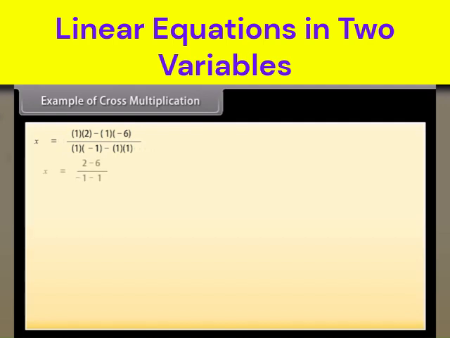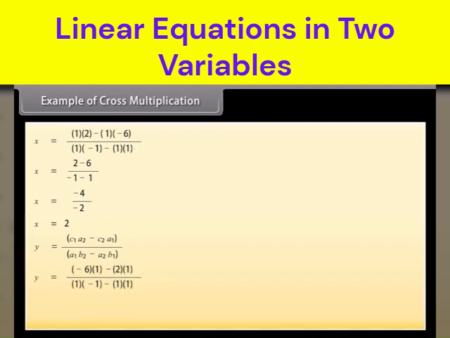By calculating we get x is equal to 2. y is equal to (c1 a2 minus c2 a1) upon (a1 b2 minus a2 b1). Substituting the values, y is equal to (minus 6 into 1 minus 2 into 1) upon (1 into minus 1 minus 1 into 1). By calculating we get y is equal to 4. Therefore the solution is (2, 4).